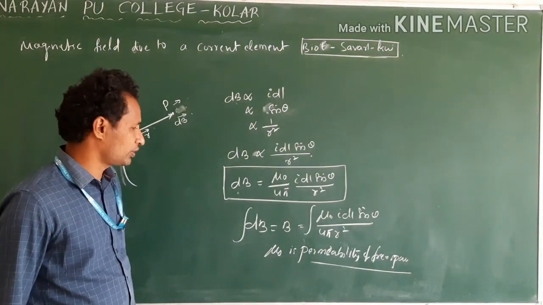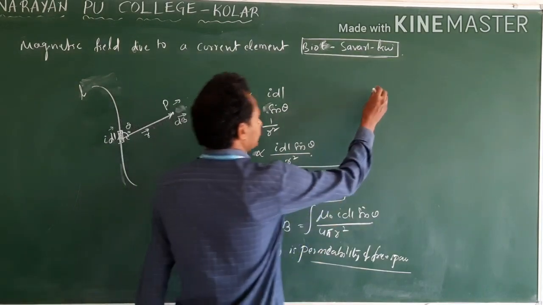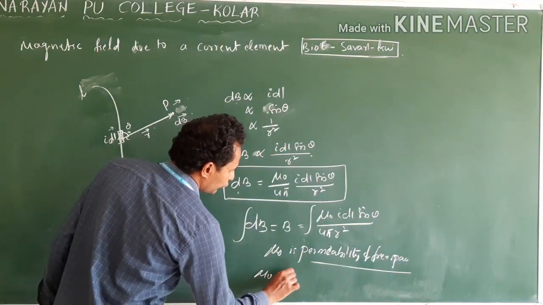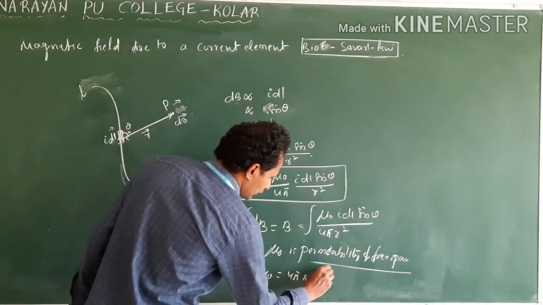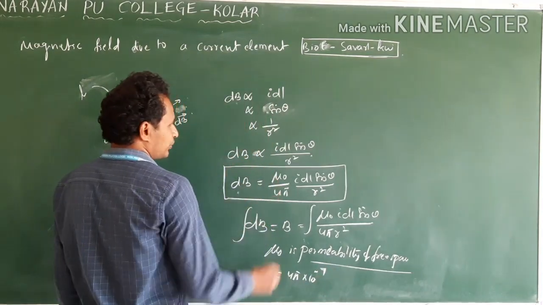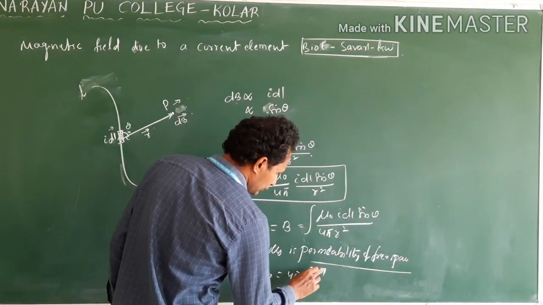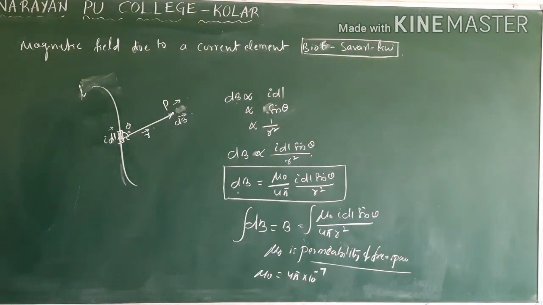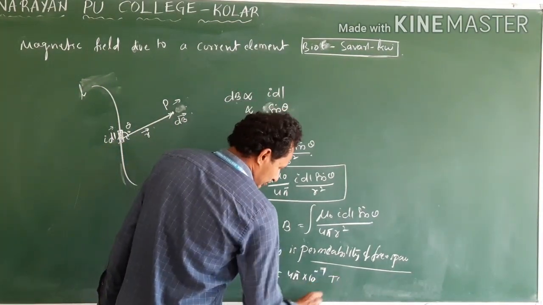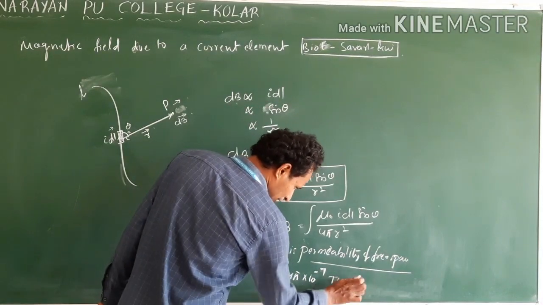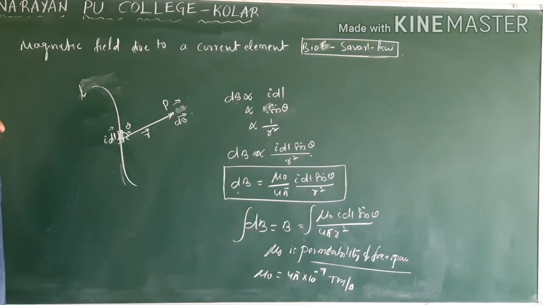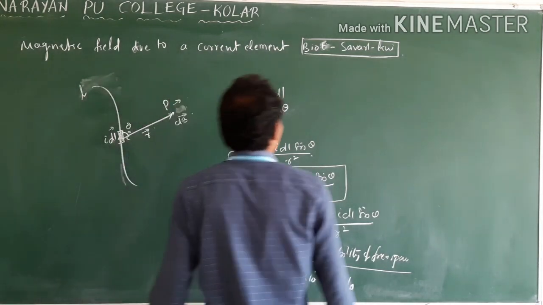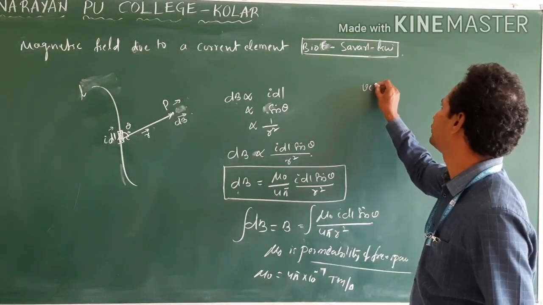The value of mu naught is 4 pi into 10 power minus 7, and the unit is Tesla meter per ampere. Remember this permeability value for free space. Clear? Next, vector form. This is very important.